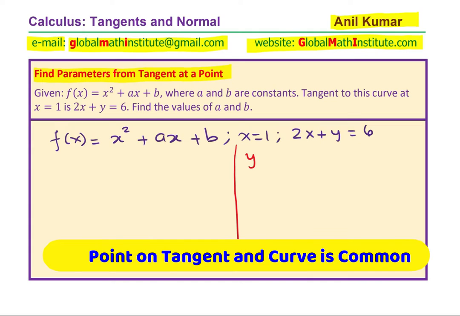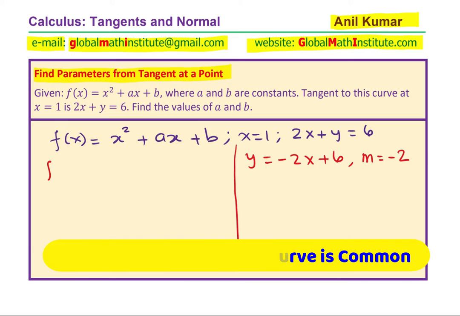You can get y equals minus 2x plus 6. And that means that the slope m is minus 2. Very important information. And that directly gives you that the derivative is minus 2 at x equals 1, correct?